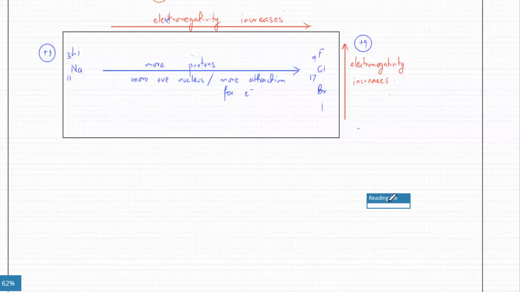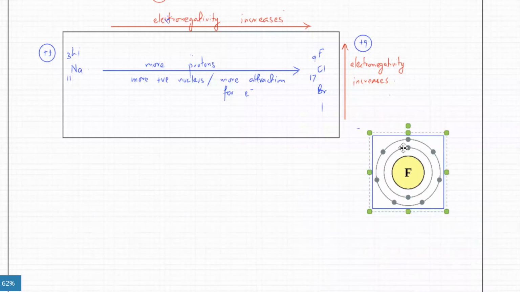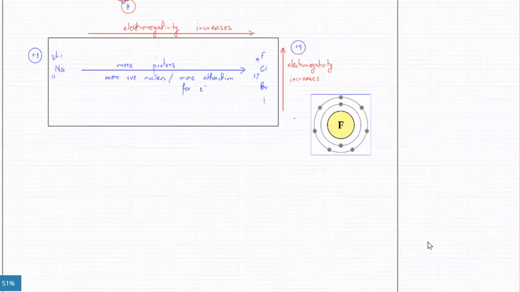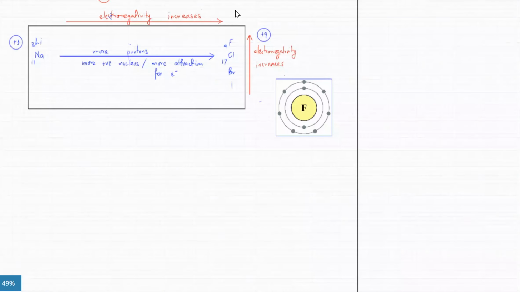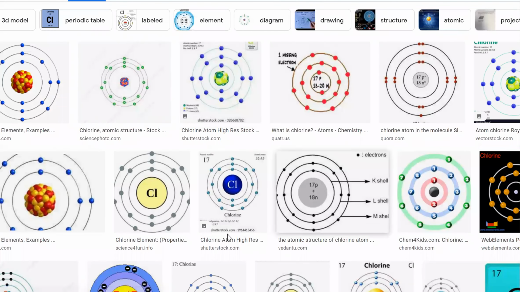So here's a fluorine atom. What's happening up the group, when you move upwards in the periodic table?